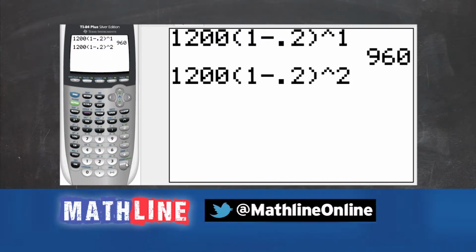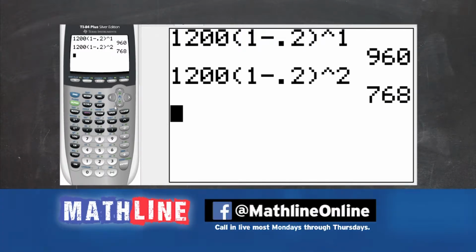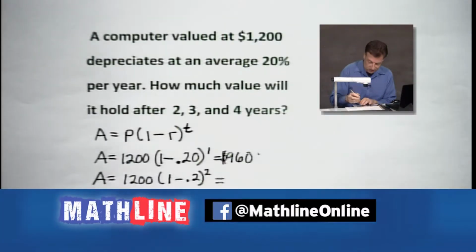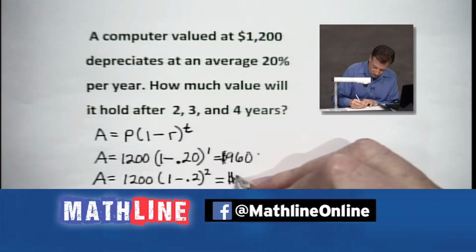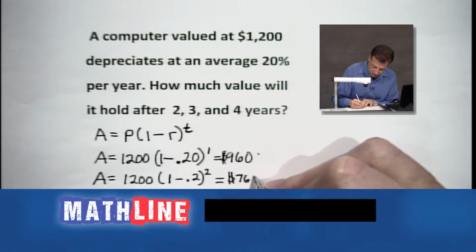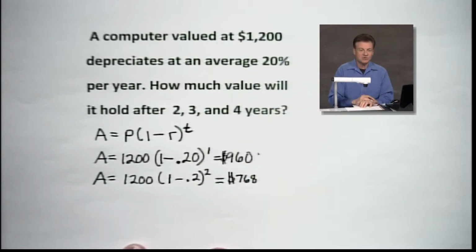And then I am ready to figure out my new answer. Isn't that pretty neat? All right, once again, you go to that second value and you press enter. We're going to come back and do that again in just a second. But now what we're down to, I guess we were losing value, aren't we? For 2 years, wow. See what happens? That computer is really, really dropping off in value.